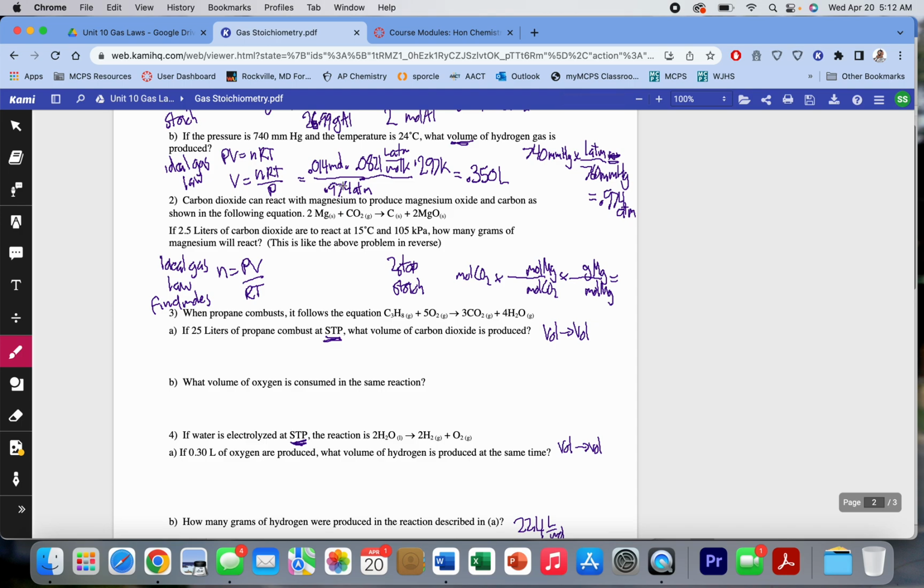Now, in this case, the pressure we have is 105 kPa. So my temptation is to simply leave 105 kPa times 15 degrees Celsius, which is 288 Kelvin. And then I would divide by R, and instead of using 0.0821, I'd use 8.315, because that has the kilopascals.